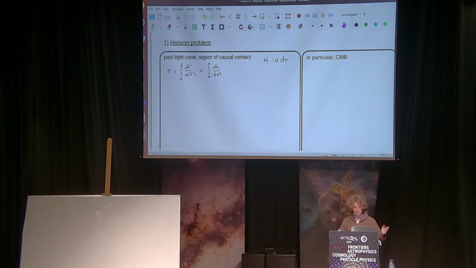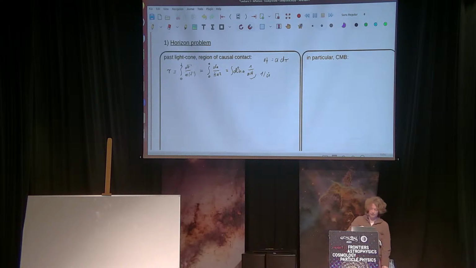All the way to time 0, which is where the size of the universe is 0, concretely meaning the scale factor is 0. We can rewrite that as an integral over d ln a of 1 over aH. And now 1 over aH, again by definition of Hubble, is nothing but 1 over a dot. So what does that mean?